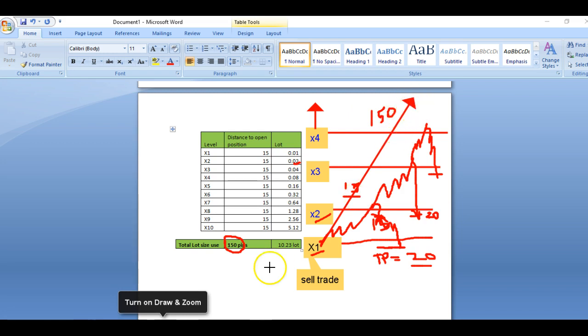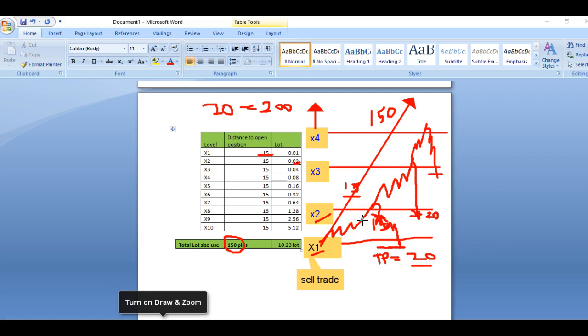That's the worst case, 150 pips if you set 15. If you set 20, every next trade is equivalent to 200 pips. So I believe you understand this portion here. How is the EA calculation?